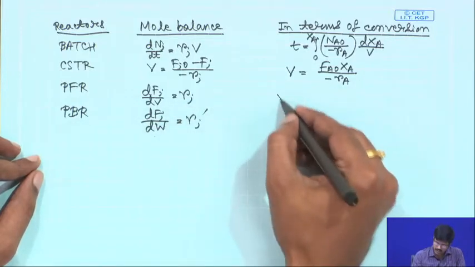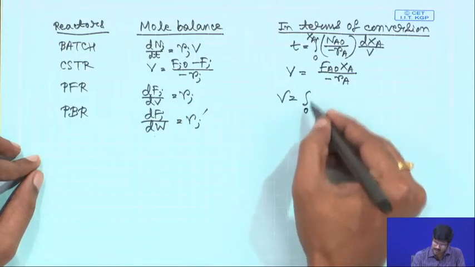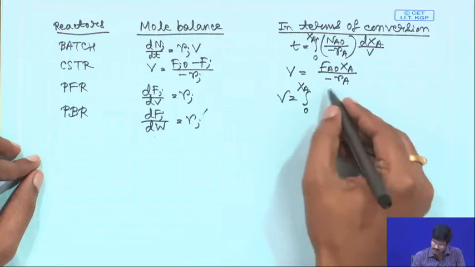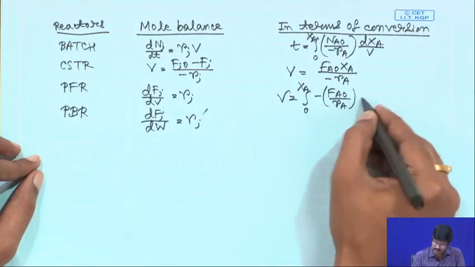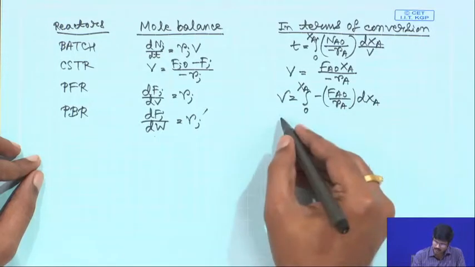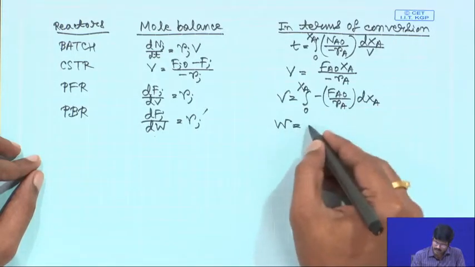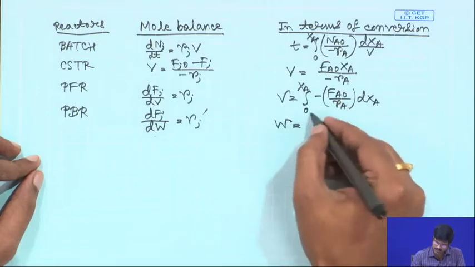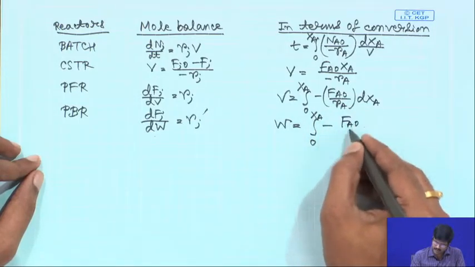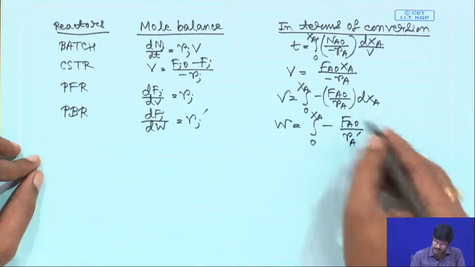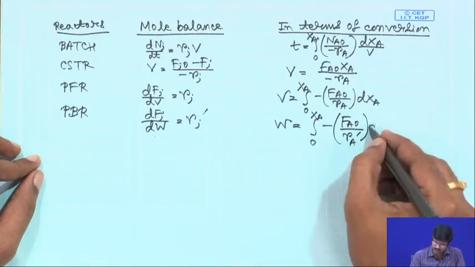For PFR it was V equals integral 0 to Xa of minus Fa0 by Ra into dXa, and for PBR the weight of the catalyst is related to conversion, integral 0 to Xa of minus Fa0 by Ra prime into dXa.